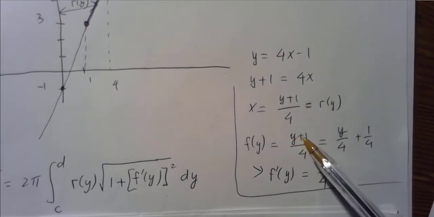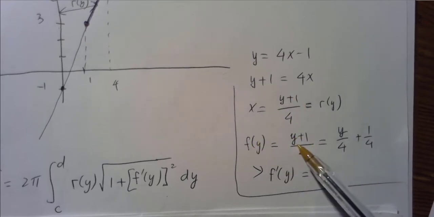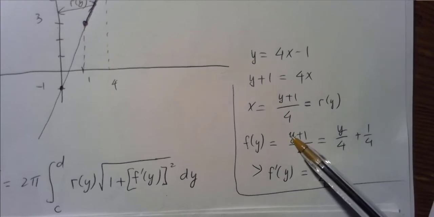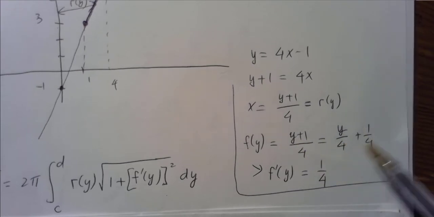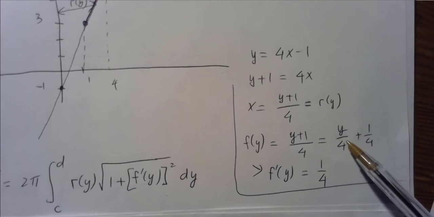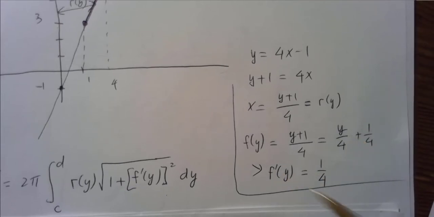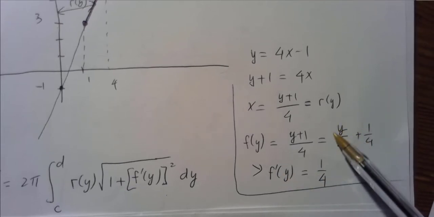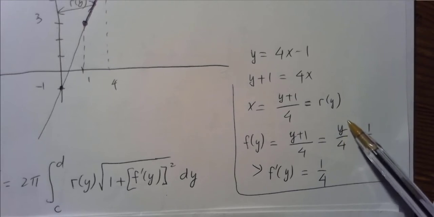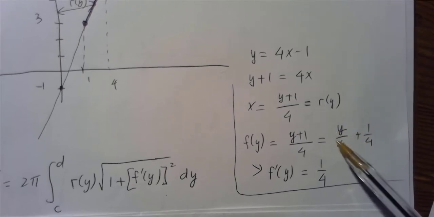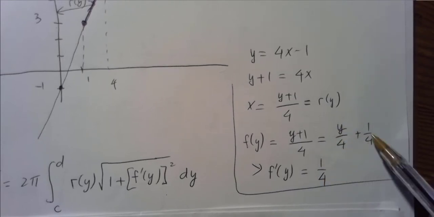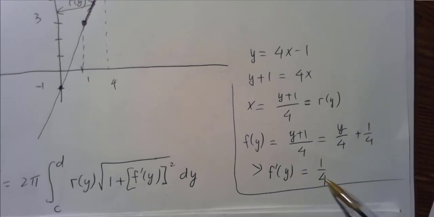So y plus 1 over 4 is f of y. And then you can split this one into y over 4 plus 1 over 4, so that we can take the derivative function f prime of y. Now using the power rule, this is the variable y, so the power of 1, so that becomes a constant 1/4. The derivative of a 1/4 constant becomes 0. So all you get is f prime of y is 1/4.